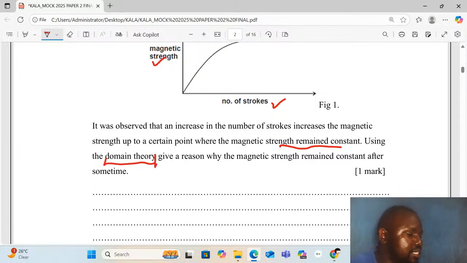We understand that the moment during magnetization a magnet becomes saturated, it cannot acquire further strength of magnetism.